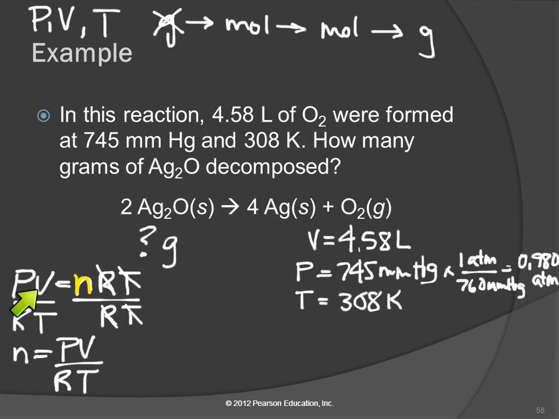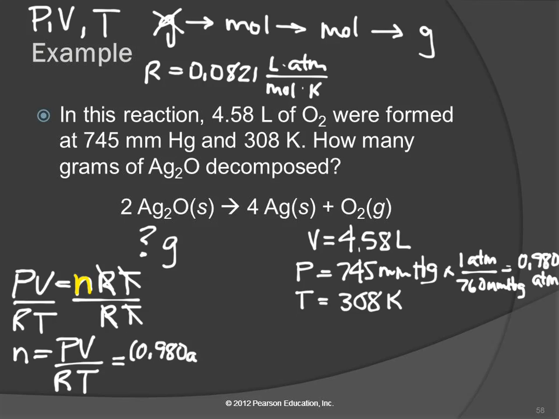Whenever we use the ideal gas law, we're keeping in mind the units of the ideal gas constant. I'm going to write it here at the top. R equals 0.0821 liter atmospheres per mole Kelvin. The units on this constant tell us what the units on our other quantities have to be. So that's why we changed the pressure. The temperature was already in kelvins. The volume is in liters. So then we're going to put this in here.